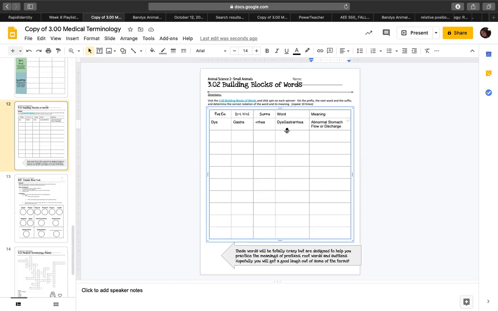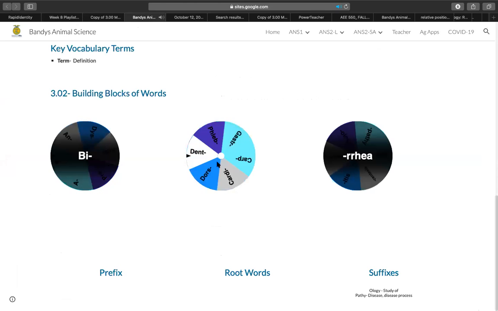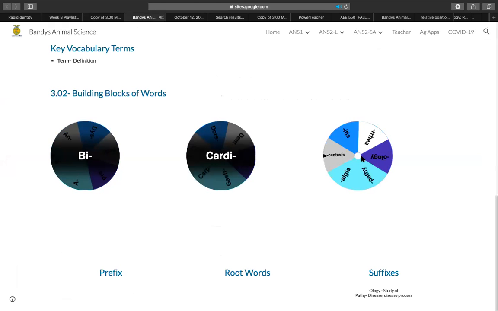Again, these aren't real words, most of them. Some of the words you create might be real words based on what you get. So again, if you did it again, you get bi, cardi, centesis.